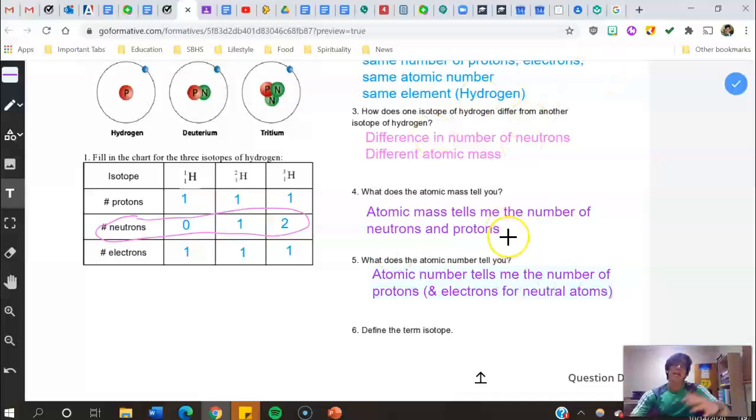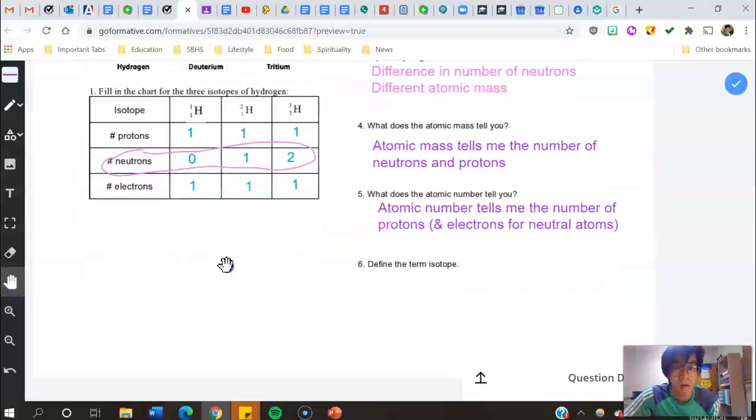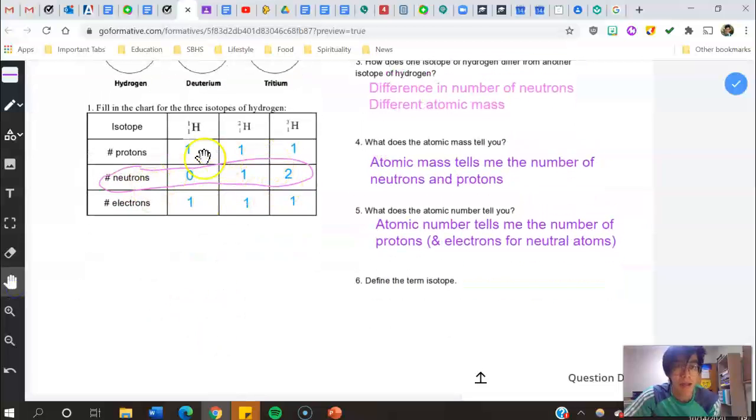Looking at all this, what does it mean for an atom to be an isotope? As you can see here, it's the same atom, but it just has a different number of neutrons. So each element has different types of isotopes based on their neutrons, and they still have very similar properties, but just very small differences.